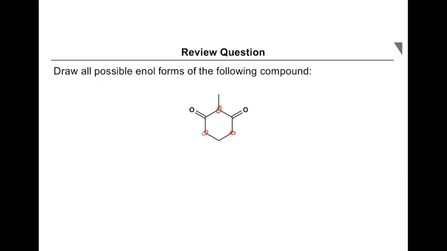Do all of them have alpha protons? Yeah? What if I did this? What if that was a methyl? Can I make an enolate or an enol at that center now? No, no more protons. Still an alpha carbon, but it cannot work. Okay, so we have 1, 2, and 3 centers.